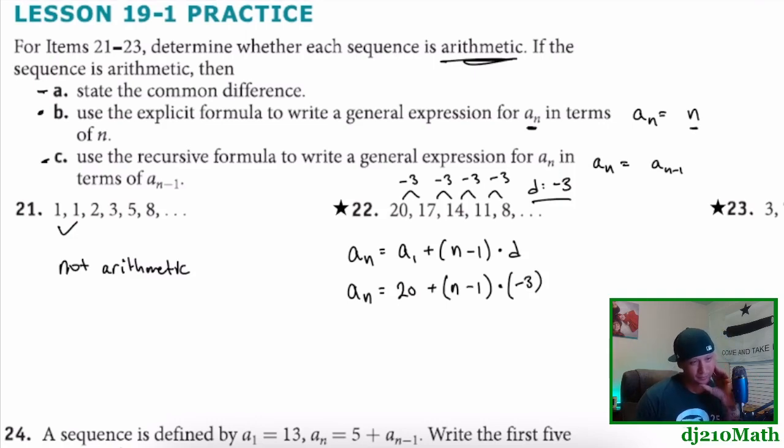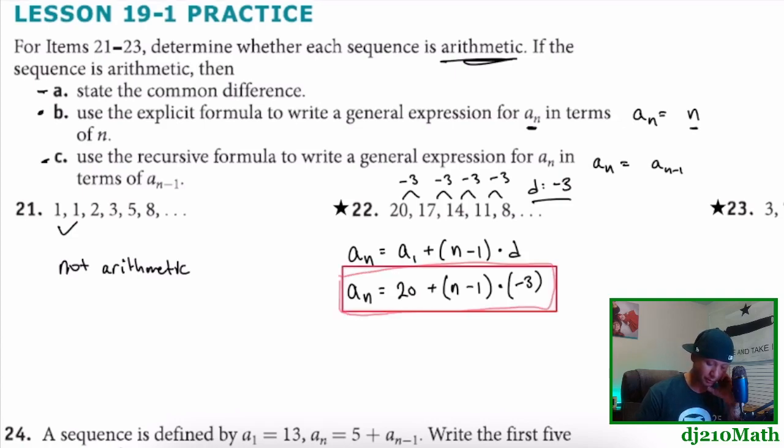Now, if we wanted, could we simplify? Sure, I guess we could. But actually, I'm cool with this. This did exactly what we were asked to do, in terms of n.